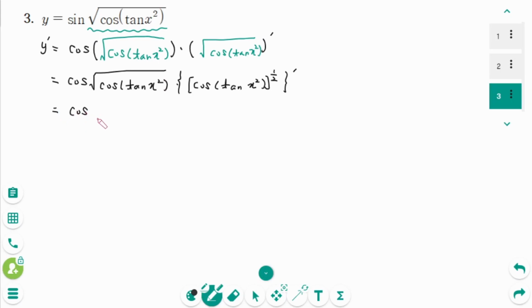Then cosine square root of cosine of tangent x squared times, now u equals cosine of tangent x squared. Just think of it, u to the power of 1 over 2. Then u to the power of 1 over 2 prime equals 1 over 2 u to the power of 1 over 2 minus 1 times u prime.